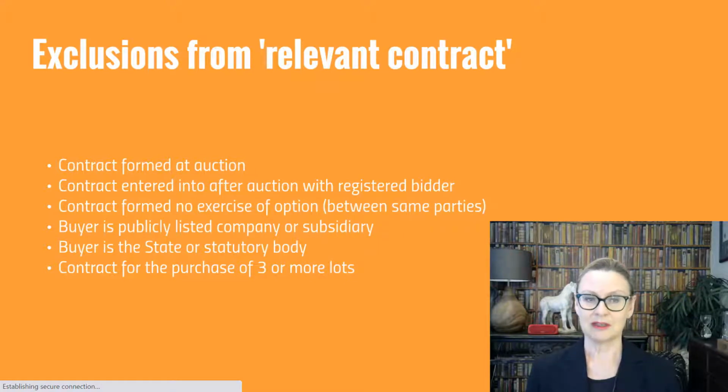Also excluded are where the buyer is a publicly listed company or subsidiary, the state, a statutory authority, or where you've got lots being purchased in a large number. All fairly sensible exclusions from relevant contract. The purchasers under those situations will more than likely know what their rights are. They don't need a cooling off period, a notice of a cooling off period, put it that way.